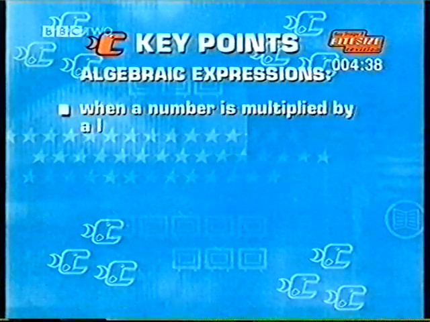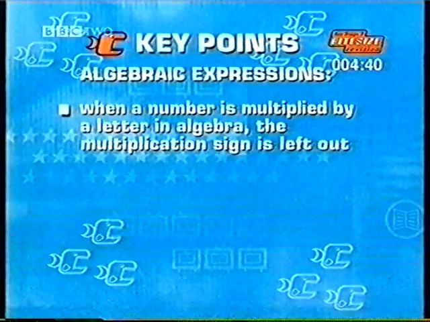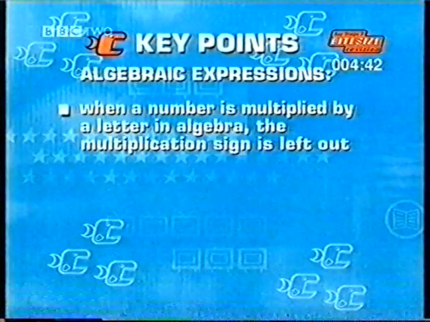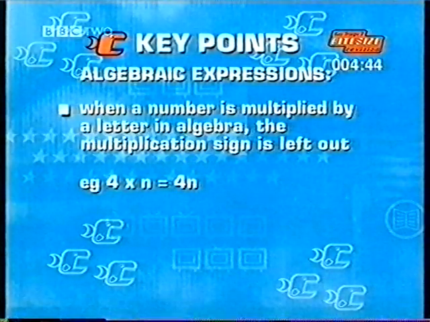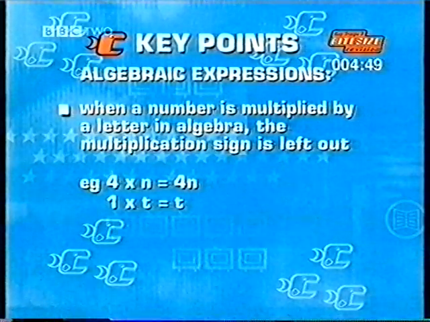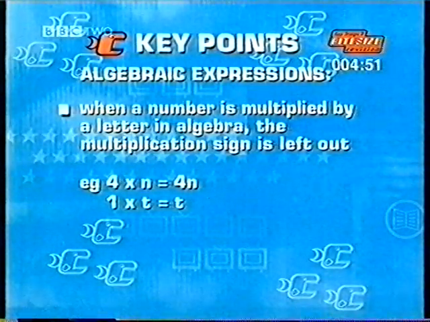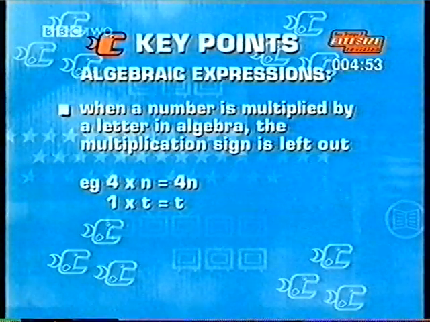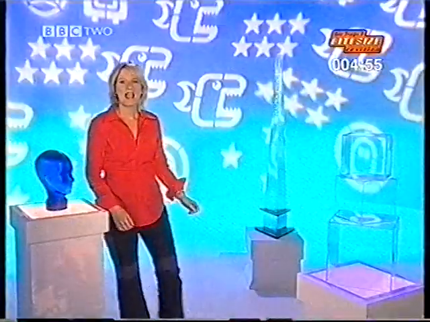When a number is multiplied by a letter in algebra, the multiplication sign is left out. So rather than 4 times n, we write 4n. But if there was only one tile, t for instance, then rather than write 1t, we always just write t. So that's expressions for you. Now make sure you've got a good understanding of what we've just covered, because it's important to grasp the basics before moving on.